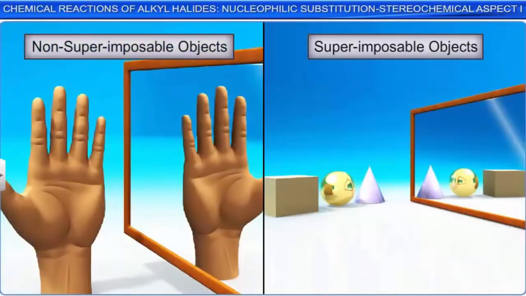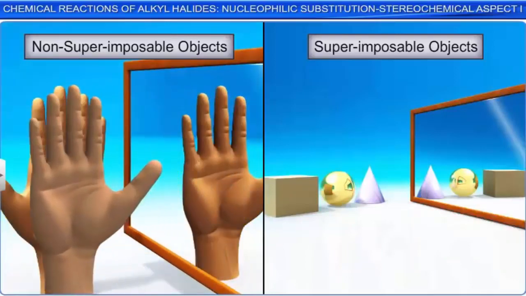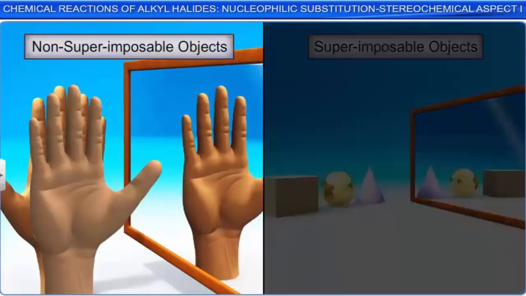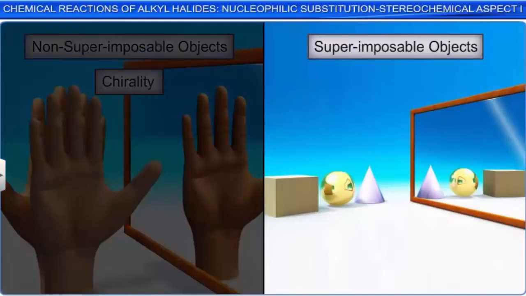For example, the left hand and the right hand are mirror images of each other, but they do not superimpose, and hence are said to be non-superimposable. Objects that are non-superimposable on their mirror images are said to be chiral, and this property is known as chirality. On the other hand, objects that are superimposable on their mirror images are called achiral.